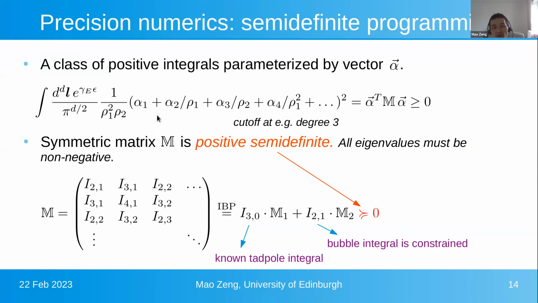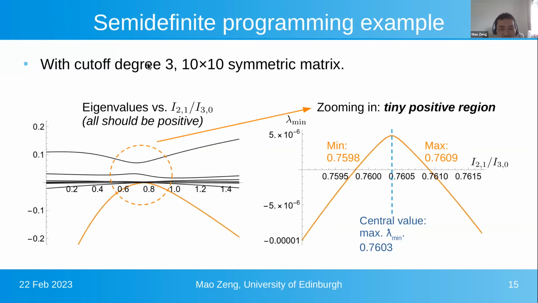And the bubble integral is easy by the standards of 2023, but for my talk, I will treat it as an unknown parameter. It will be constrained by this matrix relation that this matrix is positive semidefinite. Okay, now I will go to the next slide. And so as I said, we demand every eigenvalue to be non-negative.